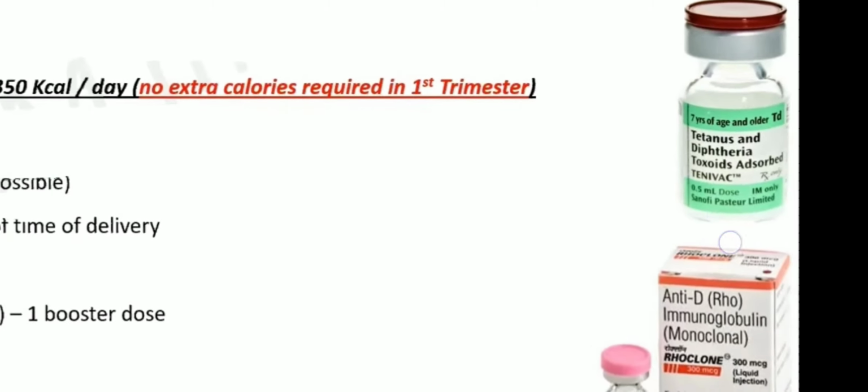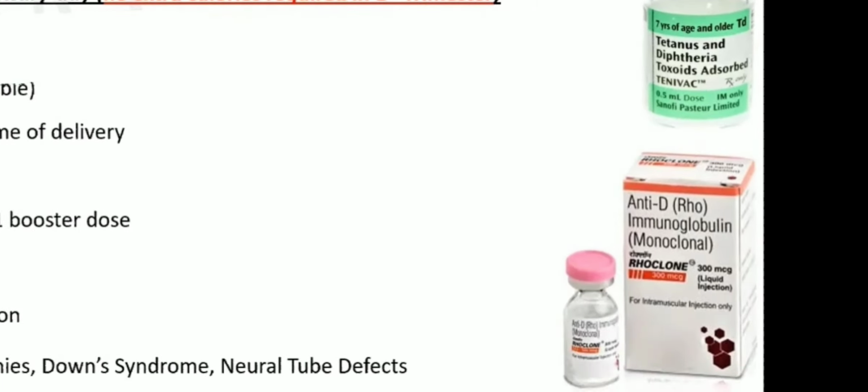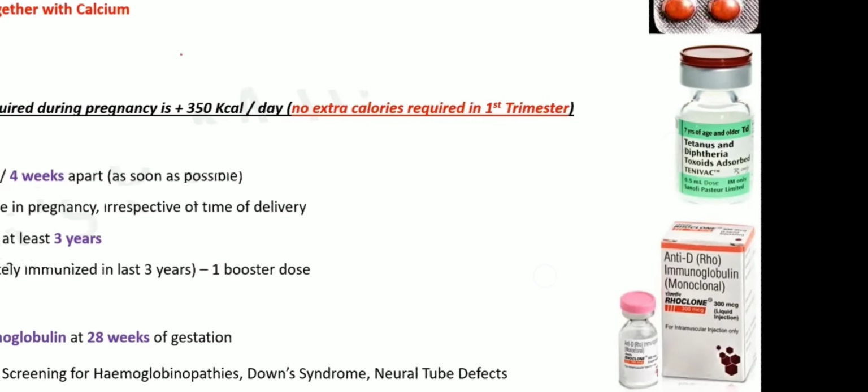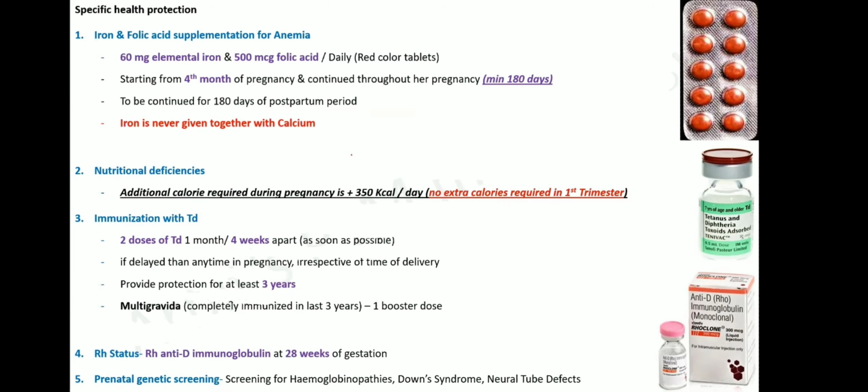So we see anti-D immunoglobulin, tetanus and diphtheria toxoid, TD, and the iron tablets. So this was the specific health protection. Also, in the specific health protection, you can mention hepatitis B infection.